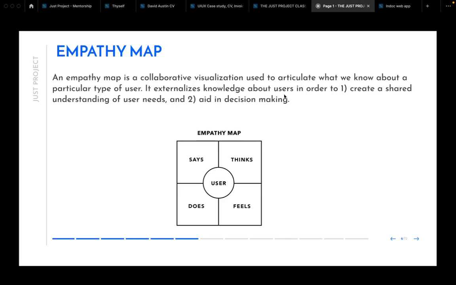So most times you can interview, let's say, two, three, four users. You can interview like five users, you can interview like 10 users, depending on the depth of your research. So you can have like 15, 50 interviews, but basically you don't have to interview like 50 people.